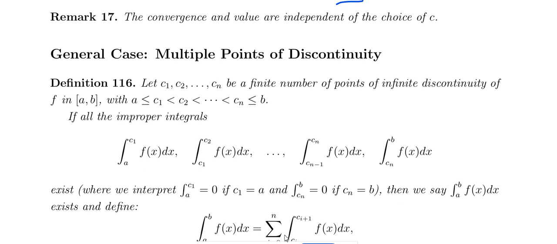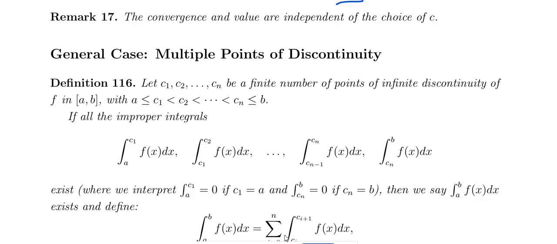And converges and values are independent of the choice of C. So the previous case என்னன்னா இதுவரையிலும் ஏதாவது ஒன்று தான் discontinuity, ஒன்று லெஃப்ட் ஹேண்டாக இருக்கும் இல்லை ரைட் ஹேண்டாக இருக்கும். ரெண்டுமே இருந்ததுன்னா நடுவில் ஒரு பாயிண்ட் எடுத்துட்டு, இன்டெக்ரல் A to C நமக்கு ஹேண்டில் பண்ண தெரியும், இன்டெக்ரல் C to B நமக்கு ஹேண்டில் பண்ண தெரியும் இம்ப்ராப்பர் இன்டெக்ரலாக. அந்த ரெண்டும் கன்வர்ஜஸ் ஆகி இருந்ததுன்னா, integral A to B f of x dx converges அப்படின்னு அர்த்தம்.